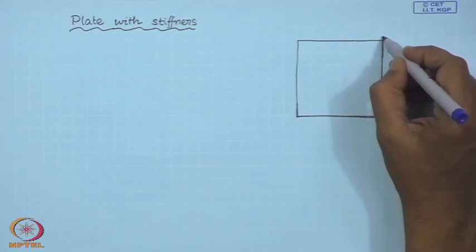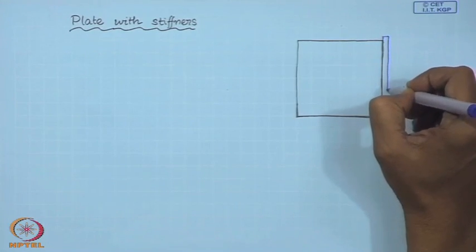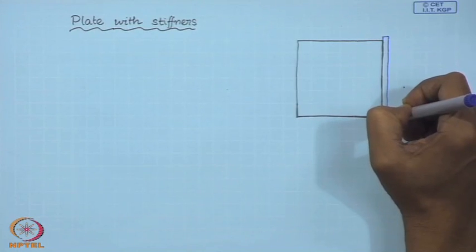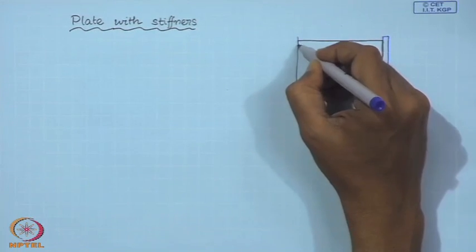we consider that this plate is clamped on these two opposite edges.